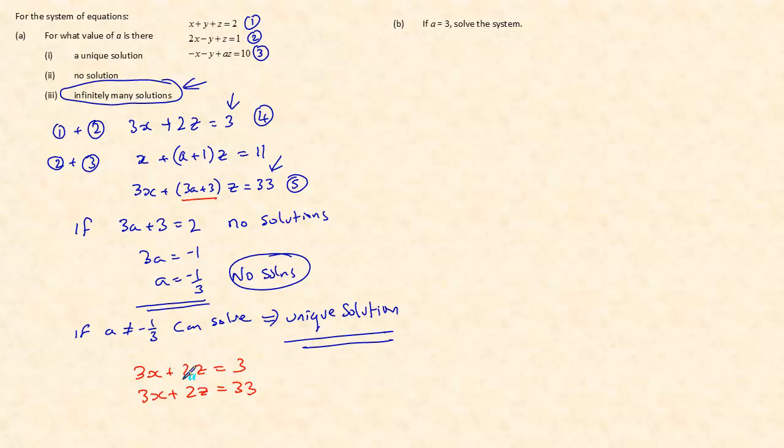These are inconsistent because we have the same left-hand side, but a different right-hand side. Effectively, they're parallel lines, so they're never going to intersect.